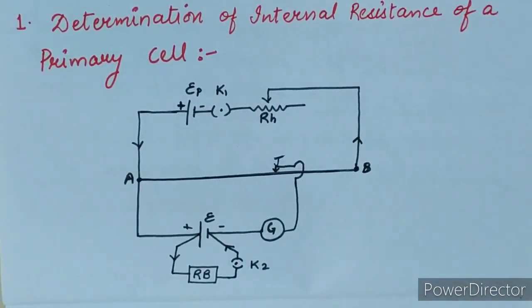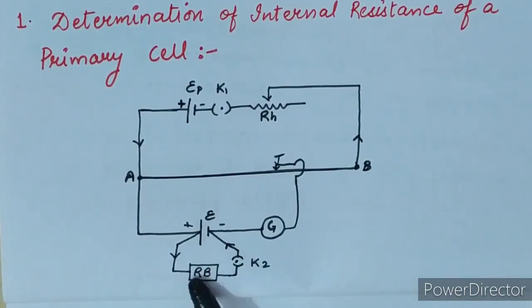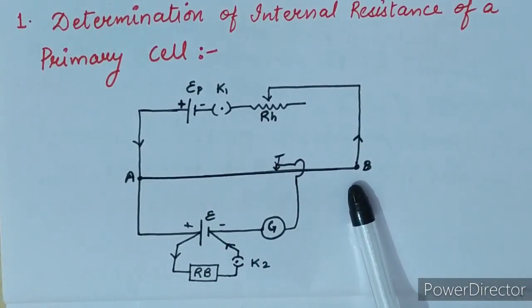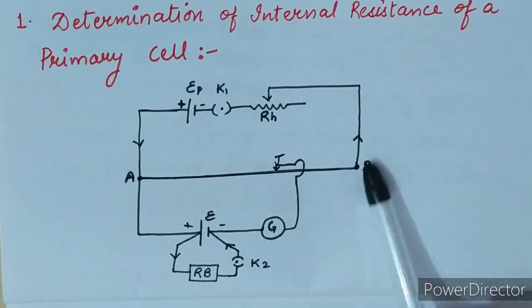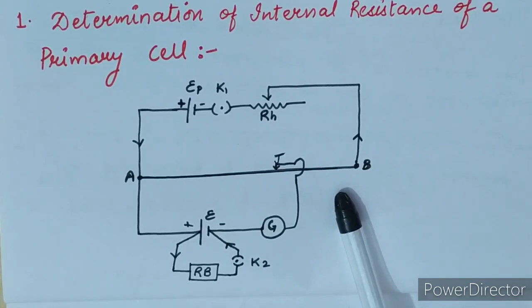A resistance box and a plug key K2 are connected parallel to the cell. This is the construction for the internal resistance of a primary cell, and you have to write the construction in your own language. I have told you about it.